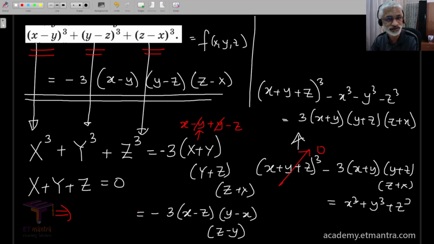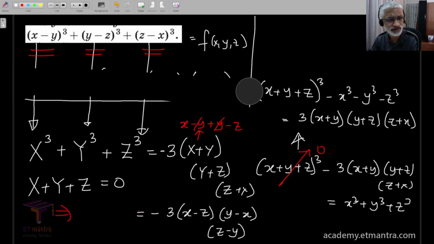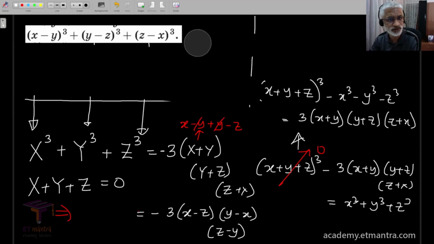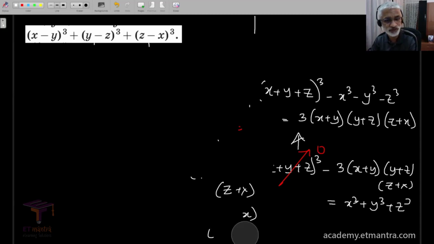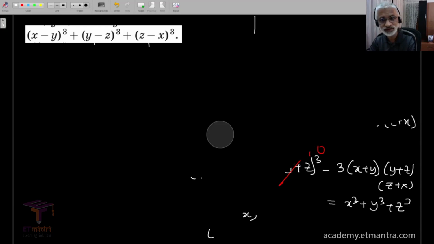So the second one that I would like to emphasize is something that always plays a role. If you can guess one factor here, so in this case it's quite easy to verify that x minus y is one of the factors. And how?